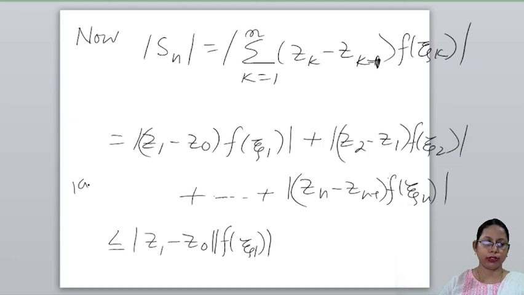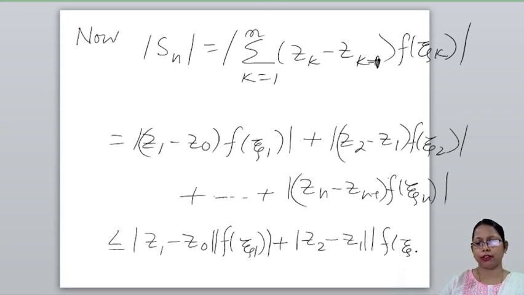This is by using this property of modulus, less than or equal to, so if you use this property you will get this: plus modulus of (z2 minus z1) f of chi 2, plus dot dot dot, plus modulus of (zn minus zn minus 1) f of chi n.